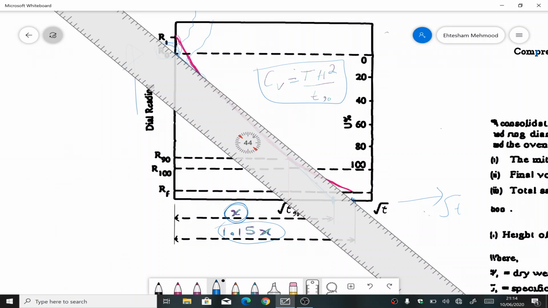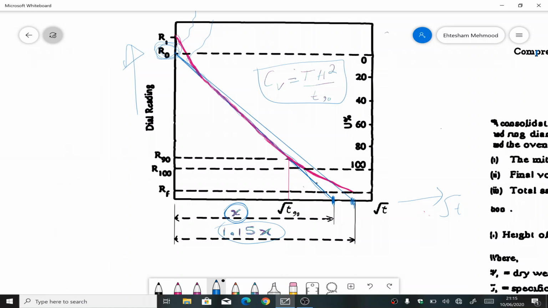Now this is starting from R0 and ending at 1.15x. Now where the curve is hitting the second line, that value should be equal to the 90% consolidation.